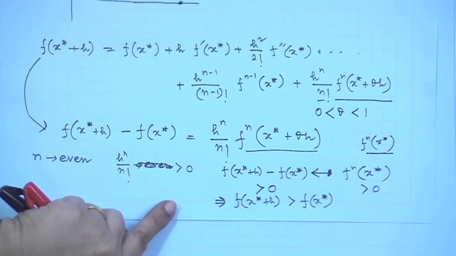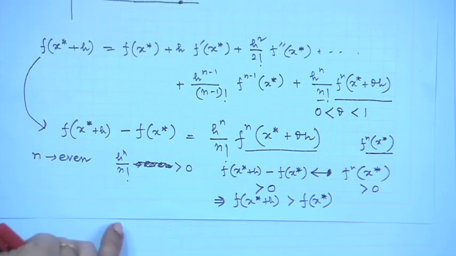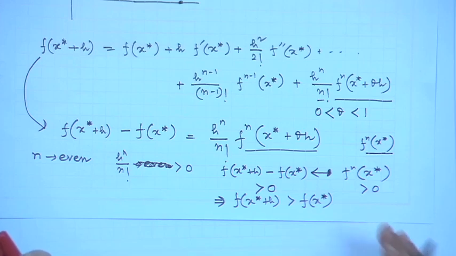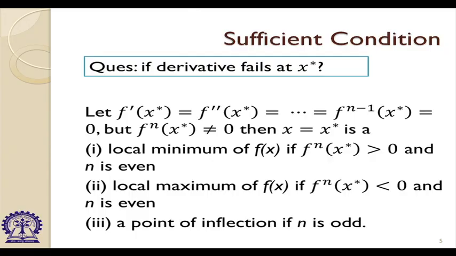That means we are having the minimum at x star, because at all other points other than x star we are getting the higher value of f. That is why from here, the first condition of the sufficient condition, we are having the local minimum of f x if n is even and f n x star is greater than 0.